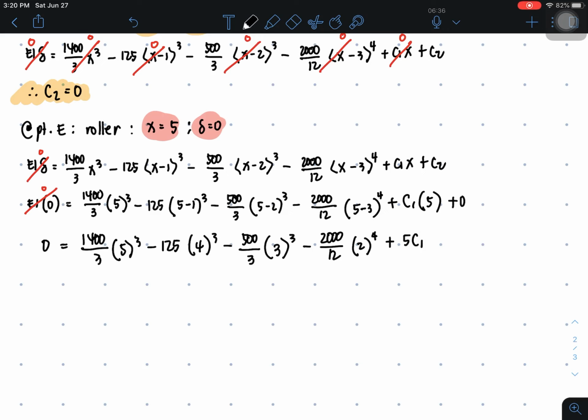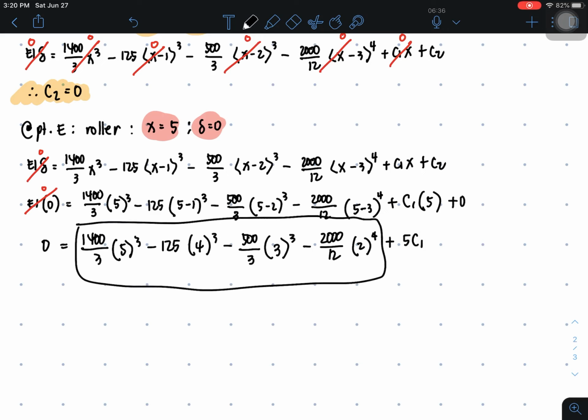Simplifying, we collect all the constants, the numbers with no variables.